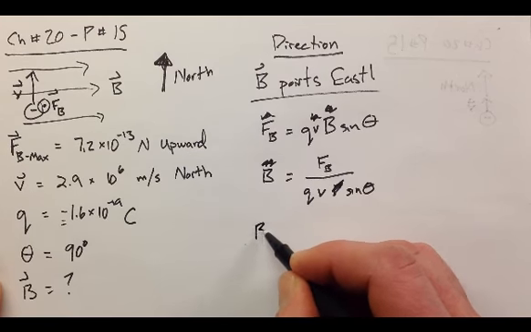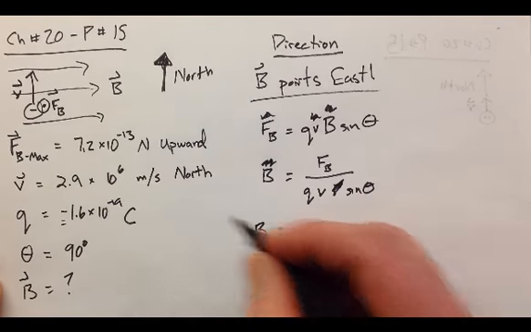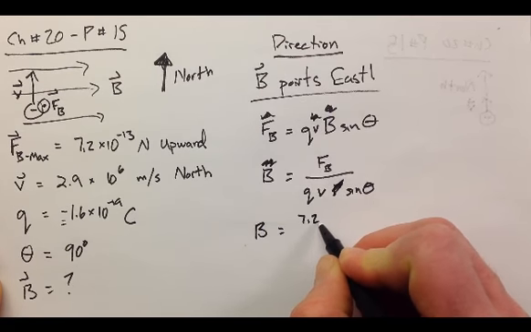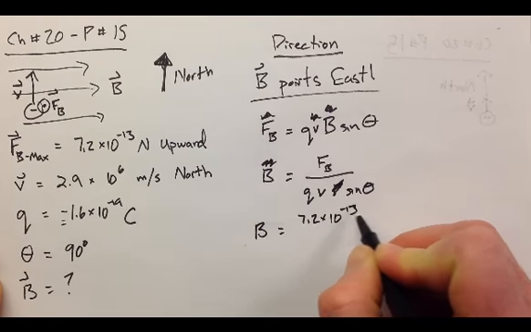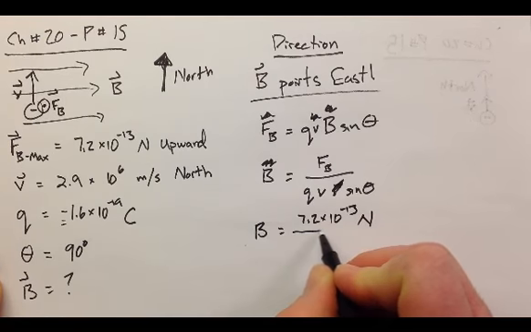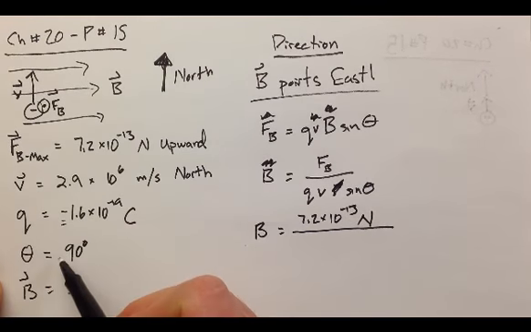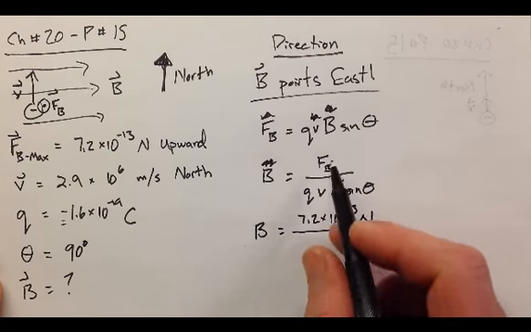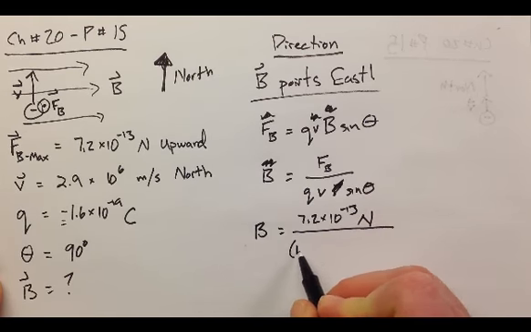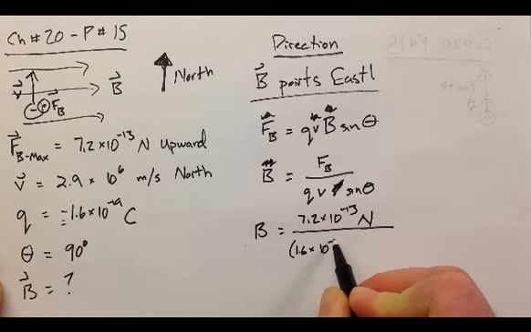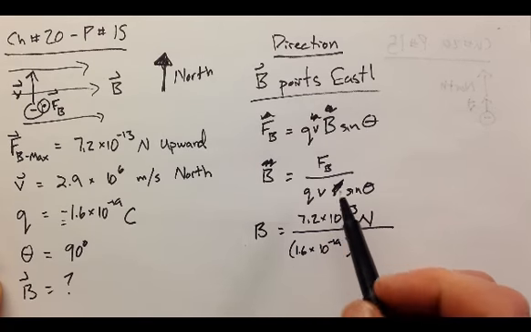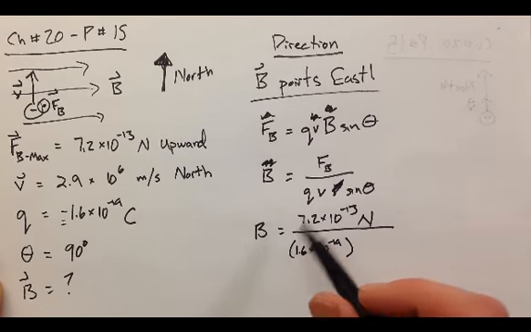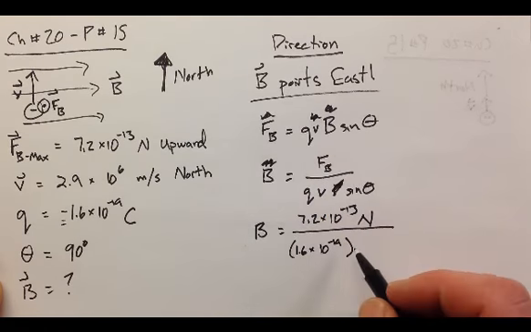So our magnetic field strength in Tesla equals the maximum force, 7.2 times 10 to the minus 13th newtons. The maximum force occurs when theta is equal to 90 degrees. Our charge is 1.6 times 10 to the minus 19th. At this point we're just using magnitude, and I know the magnetic field is pointing east.